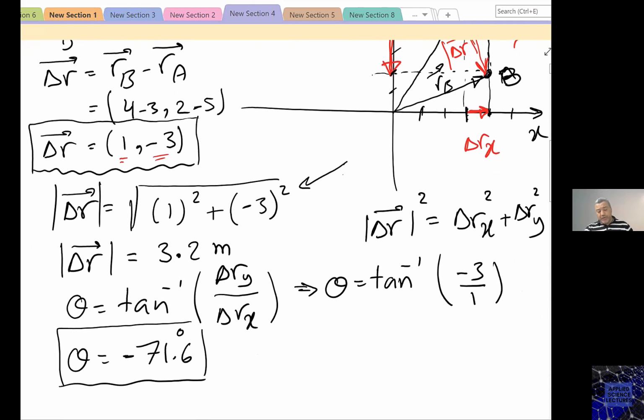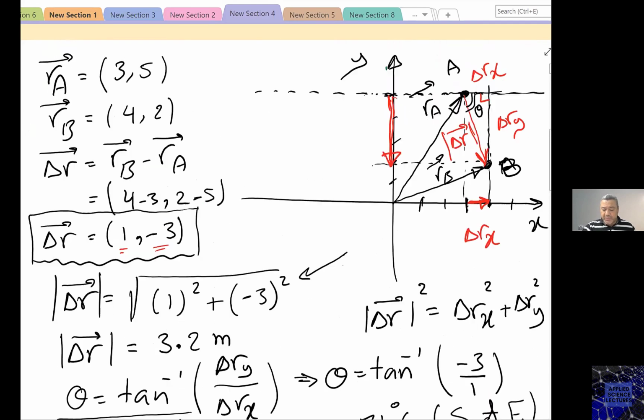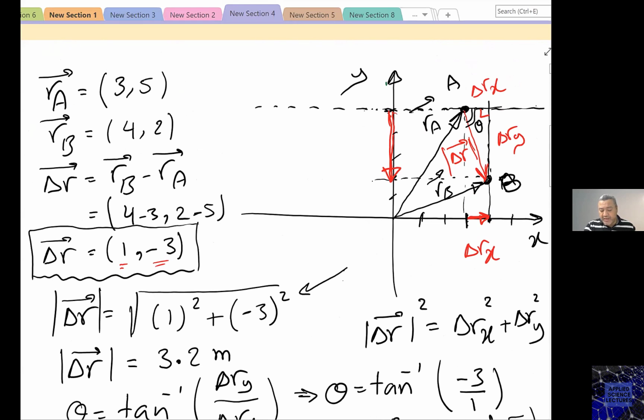Or if you don't want to look at it this way, you can say theta is 71.6 degrees south of east, which means this line that is parallel to the x, I'm treating as the direction of the east. And I can see that the vector is pointing 71.6 degrees south from the east.